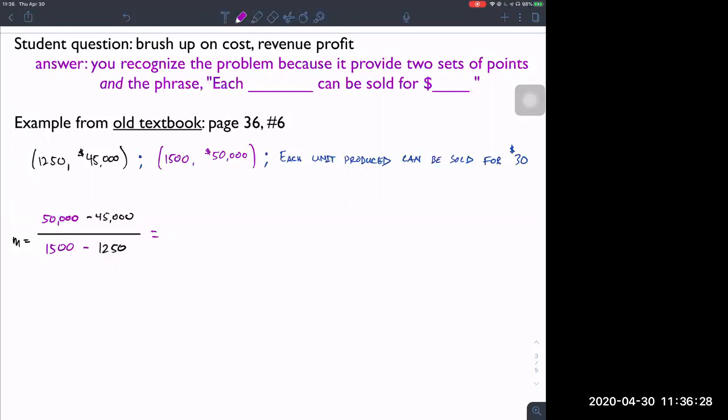You have to simplify it. That's fine, I can do that. That's 20.